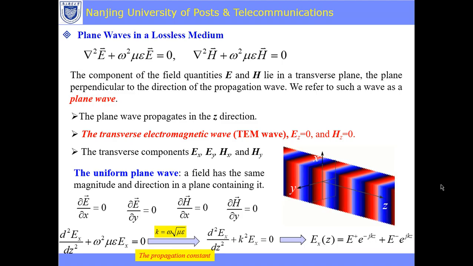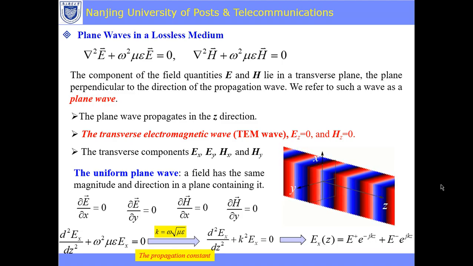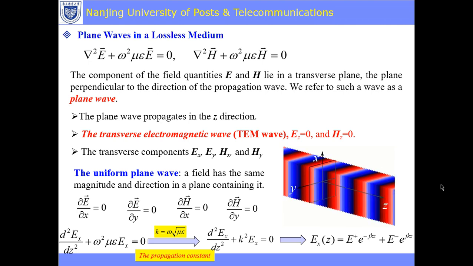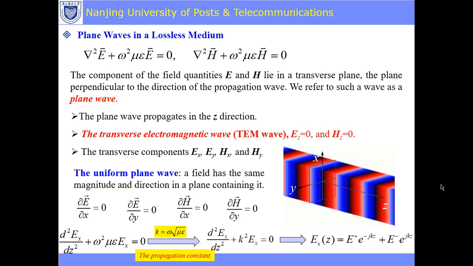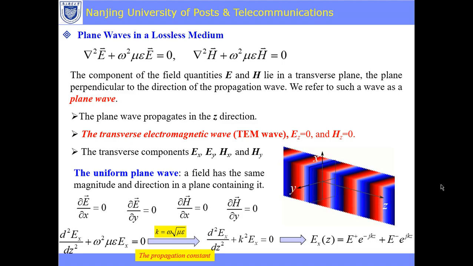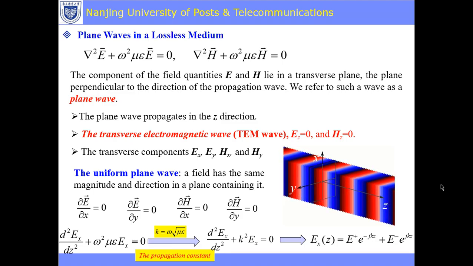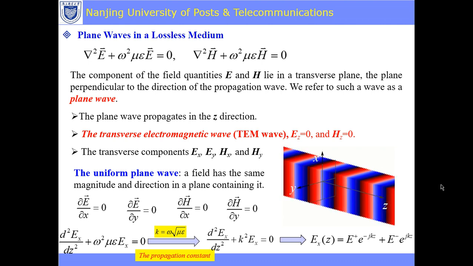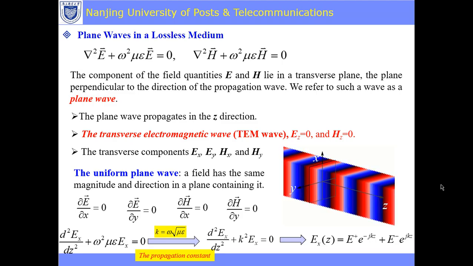Propagation constant is basically how the wave changes its magnitude and phase when it passes through a medium.